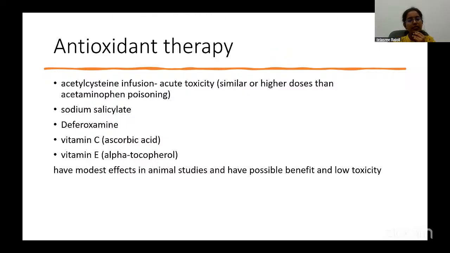These antioxidant therapies have been suggested based on animal studies, because they have seen some mortality benefit in them. And as the toxicity and side effects with these antioxidant therapies are minimal compared to paraquat poisoning, expecting a benefit, these are the possible antioxidant therapies which can be given.